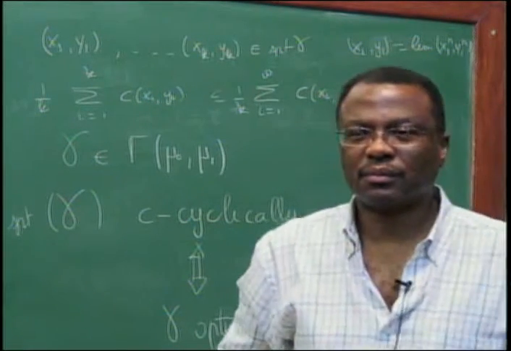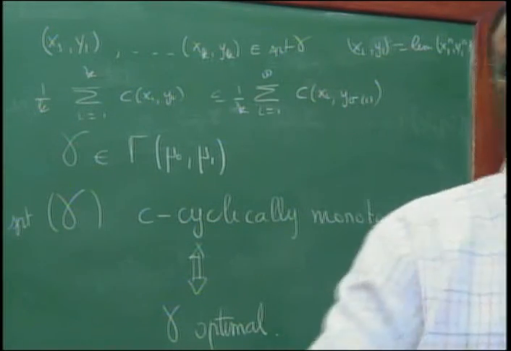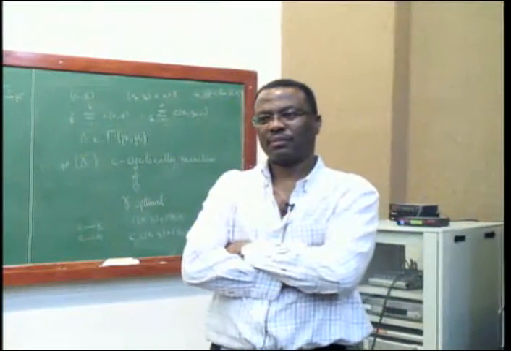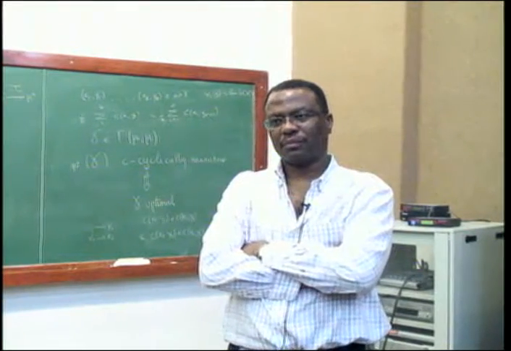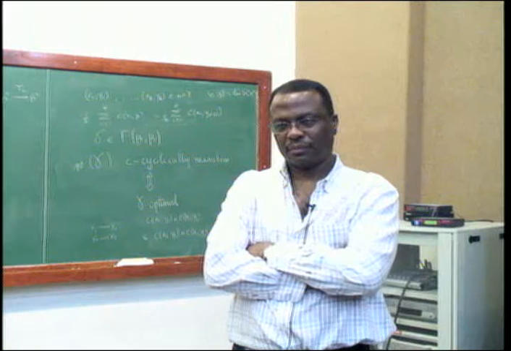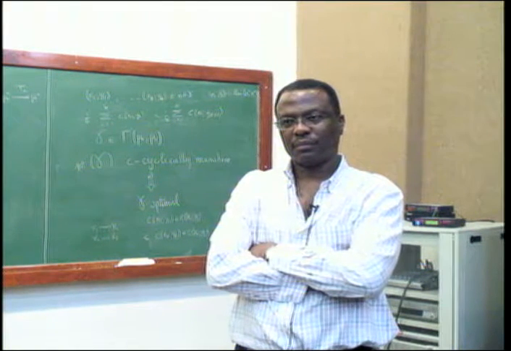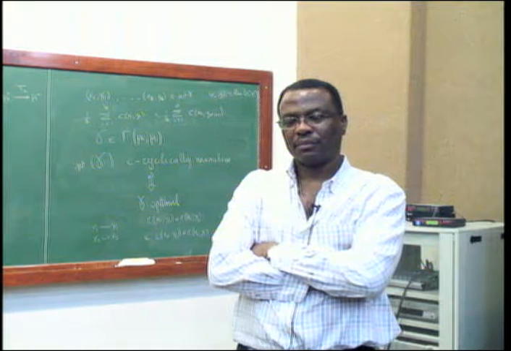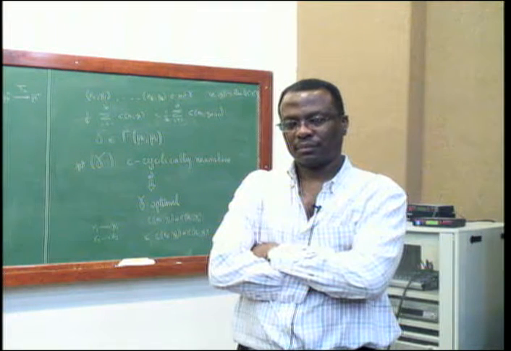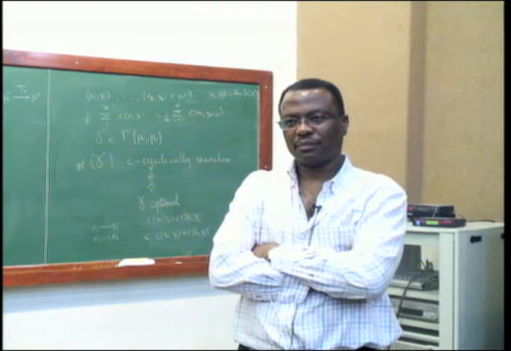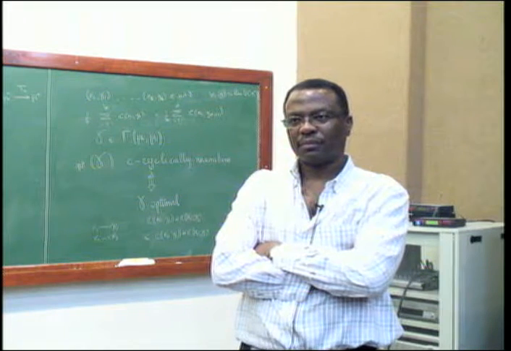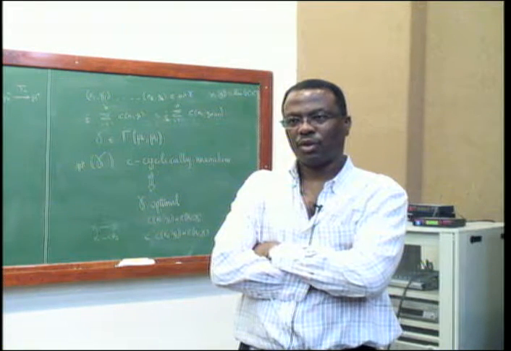But for this gamma, you are only using that these xi, yi are in the support of gamma. You are not using anything about the mass of gamma. Gamma could be distributed any way, and then you would just take this arithmetic mean. This is my doubt.